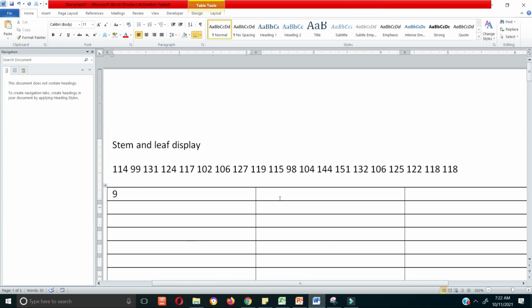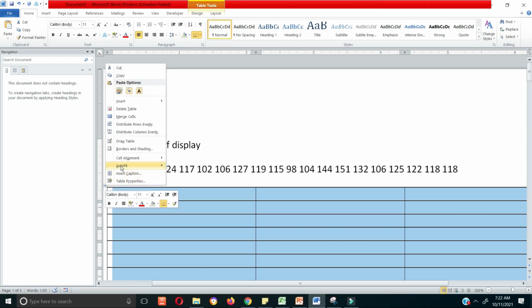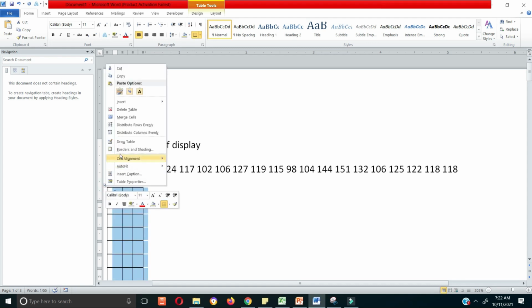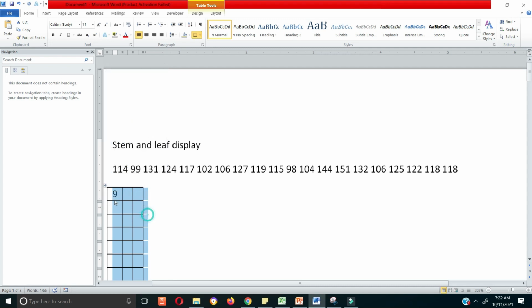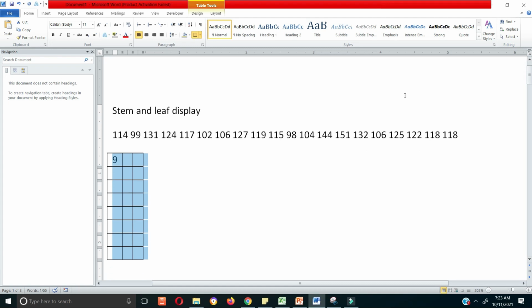Let me just format. Remember, you basically do this by hand. I'm just doing this so that my work is neat, and of course I'm using my laptop, but you basically just write these values on a piece of paper.